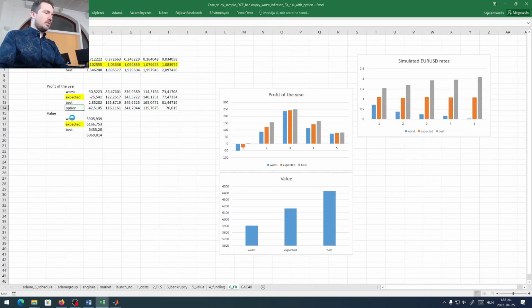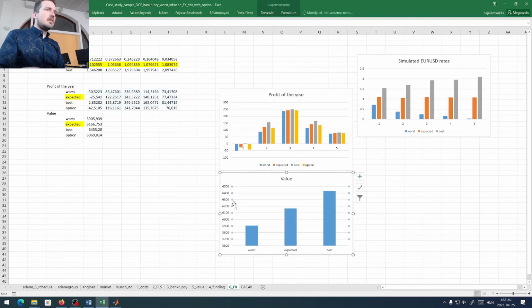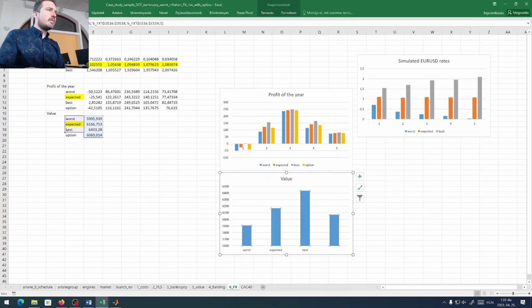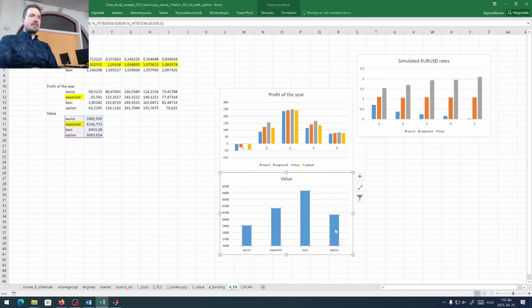This is also with options, and if I'm just extending this and extending that one, so we can say that, yeah, this is the price of sleeping well.